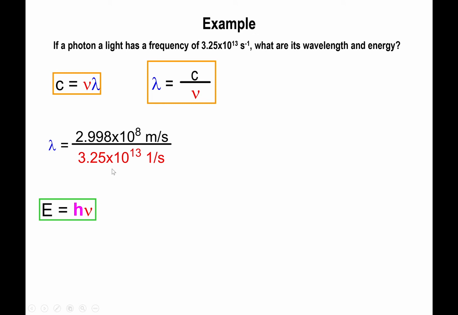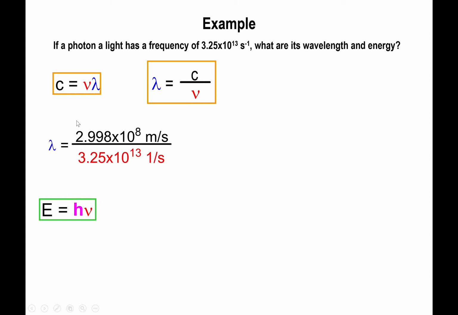With the first equation, we plug in the speed of light, 2.998 times 10 to the 8 meters per second. Underneath here, we plug in 3.25 times 10 to the 13, 1 per second. When you perform this calculation in your calculator, you must use parentheses. If you don't use parentheses, it's very likely that you'll end up with the wrong answer.